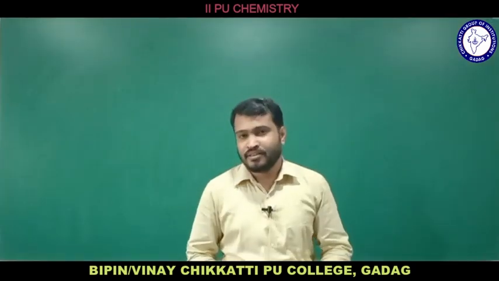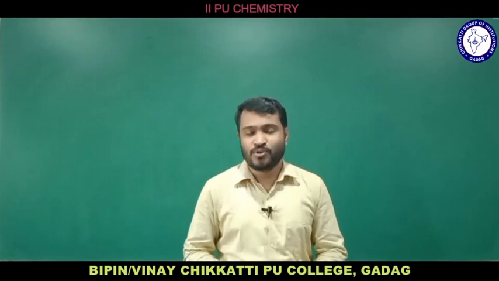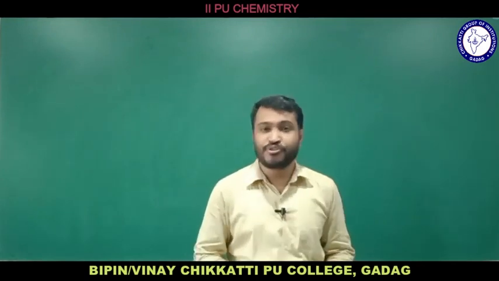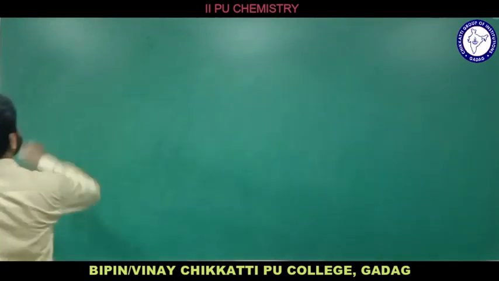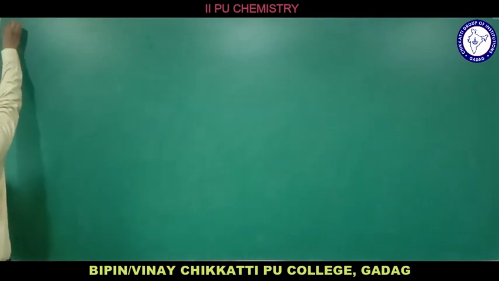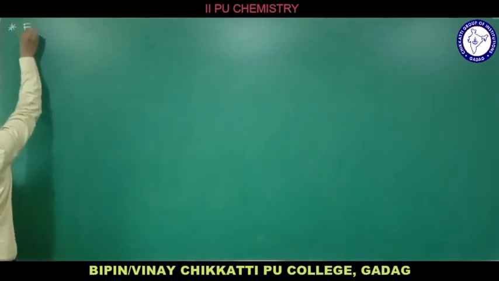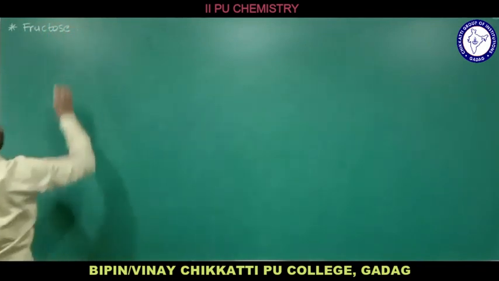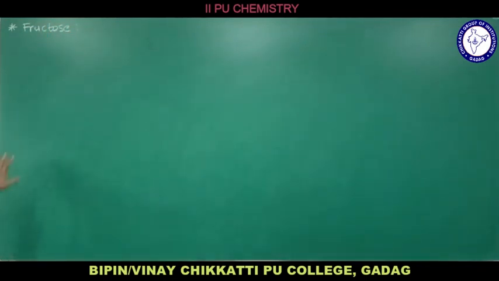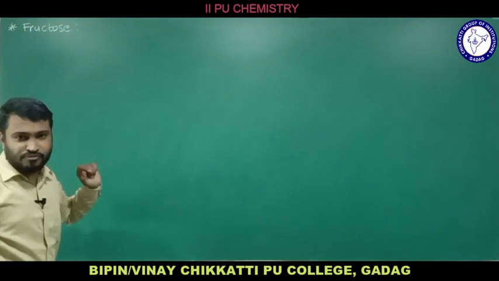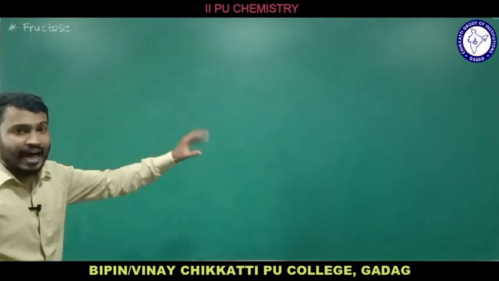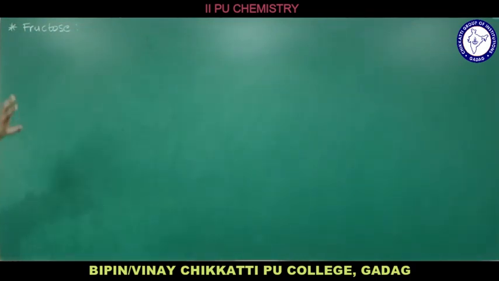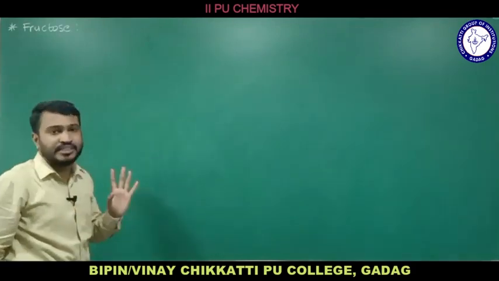And now we'll see one more monosaccharide, that is fructose. Now we'll see what is the structure of fructose. We'll see the Fischer structure of fructose. We'll see the Haworth structure of fructose. The formula of fructose we know is the same as glucose, C6H12O6.